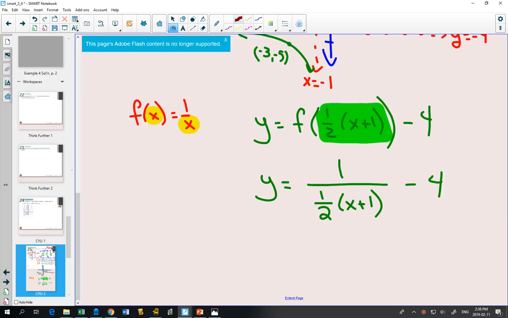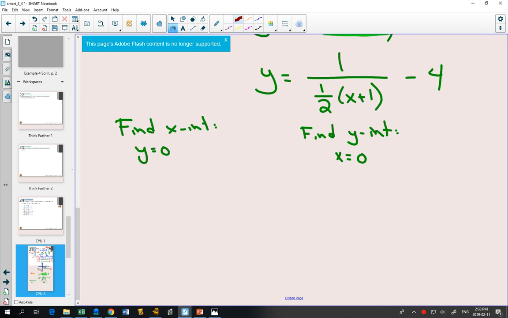How do you find an x-intercept? Right? Make y equal to 0. How do you find a y-intercept? Make x equal to 0. Which of those two algebraically is easier to do? I think the second one. Because if you do the second one, let's do that one first.